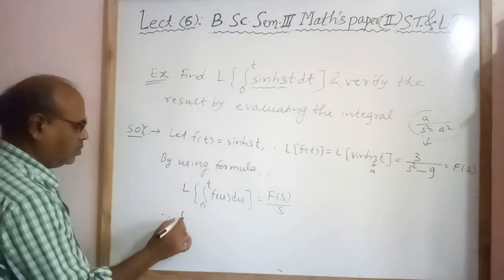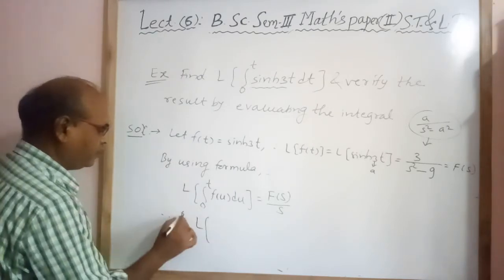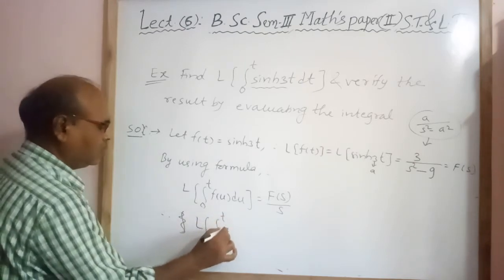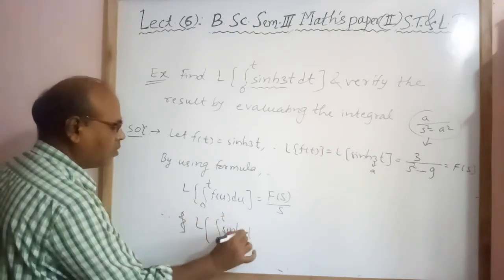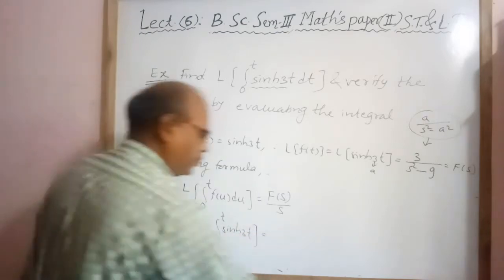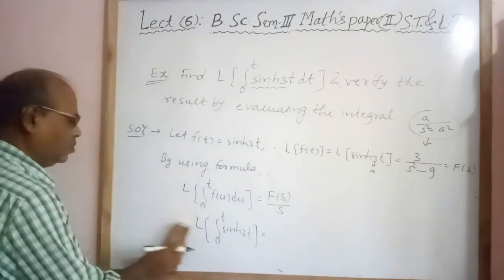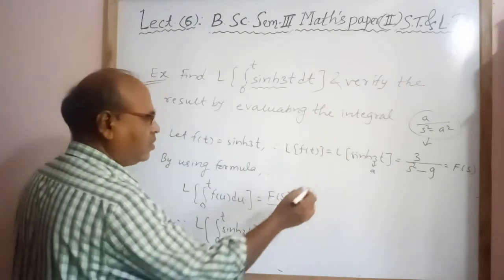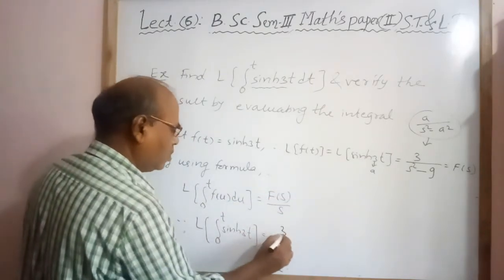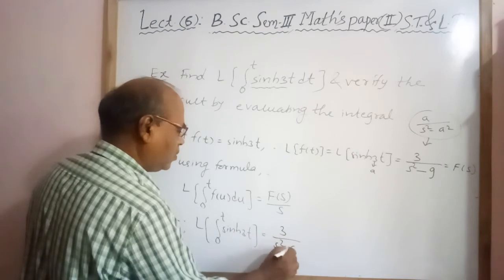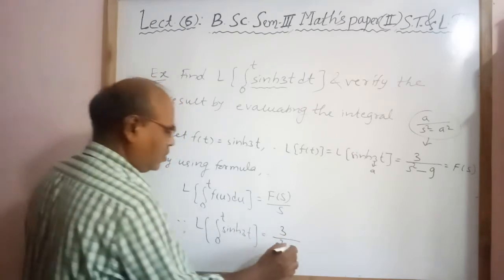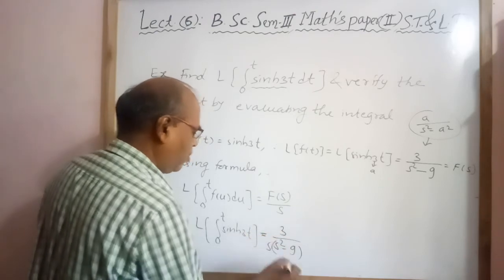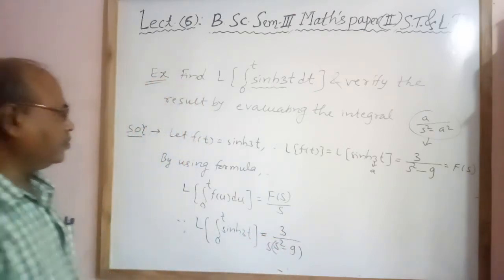Therefore Laplace of integration 0 to t sin h 3t equal to F of s divided by s. F of s is given by 3 divided by s square minus 9, divided by s. Therefore we write here 3 divided by s into s square minus 9. Equation 1.